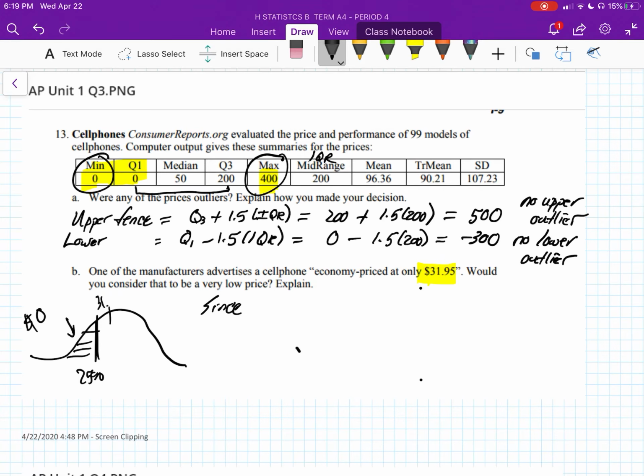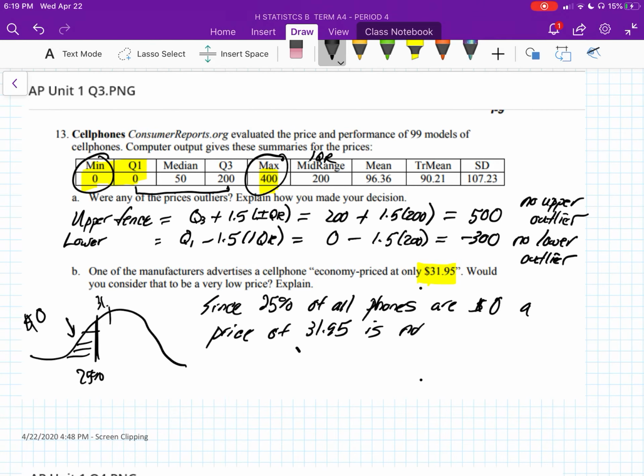So we would probably say, since 25% of all phones are $0, the price of $31.95 is not unusually low. And this idea of unusual is usually below 5%, right?